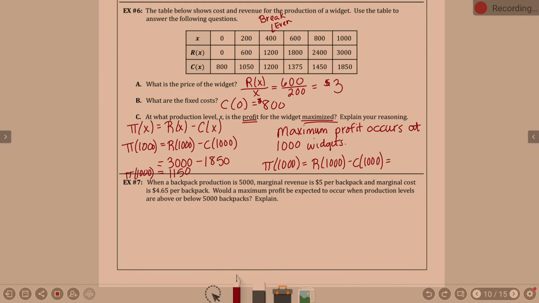If you divide it by the amount of widgets sold, then you get more per widget. I don't know if my brain's not understanding how that's mathematically possible. It should be the same, but it's not. But wait, the revenue is always the same because it's always $3 per widget, but the cost changes, doesn't it?